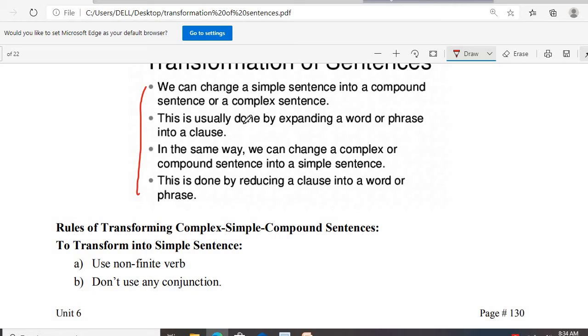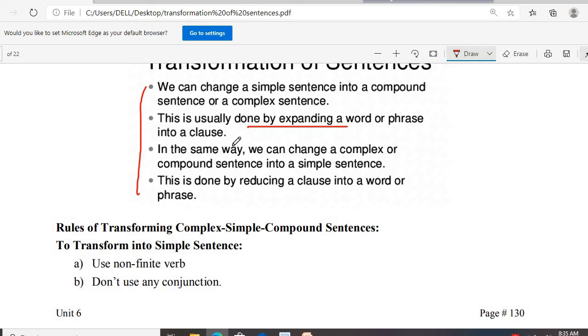A simple sentence can be changed into compound and complex. This is usually done by expanding a word. You must remember this thing: expanding a word or phrase into a clause.